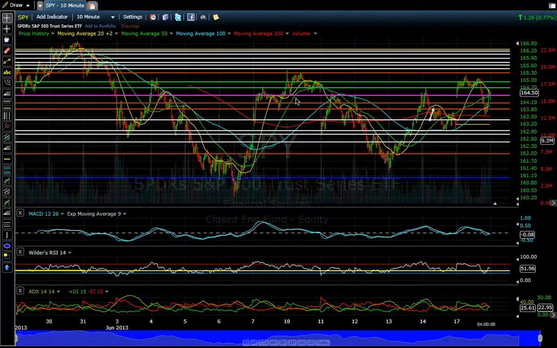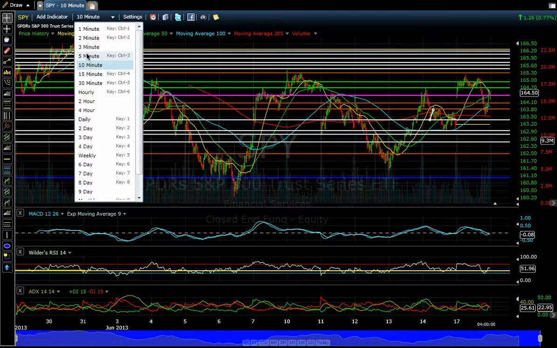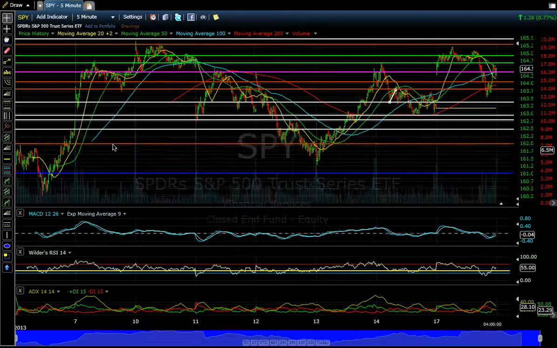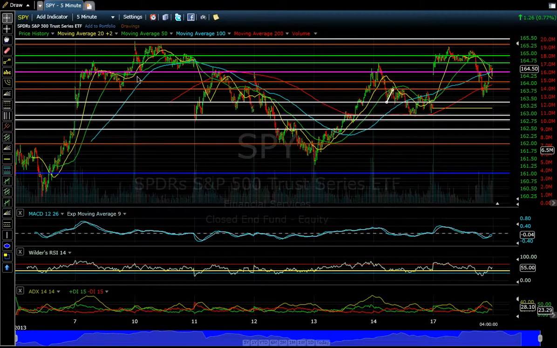So notice on 6/10, this is what I did, and this is how you start charting your charts. On 6/10, I believe I charted these right along with this purple line.